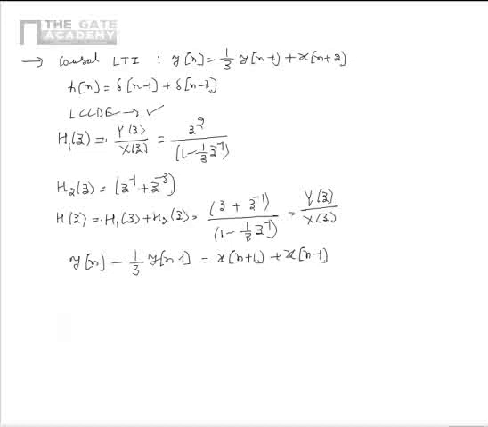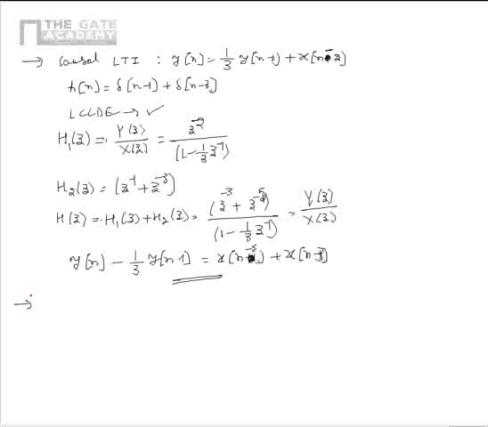Sorry, here this is n minus 2. So this would be z power minus 2, so this would be z power minus 3 and z power minus 5. So y of n minus 1 by 3 y of n minus 1 is equal to x of n minus 5 plus x of n minus 3. This is the LCCDE of the overall system.